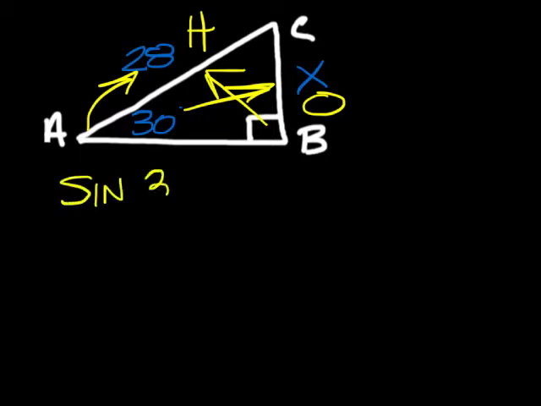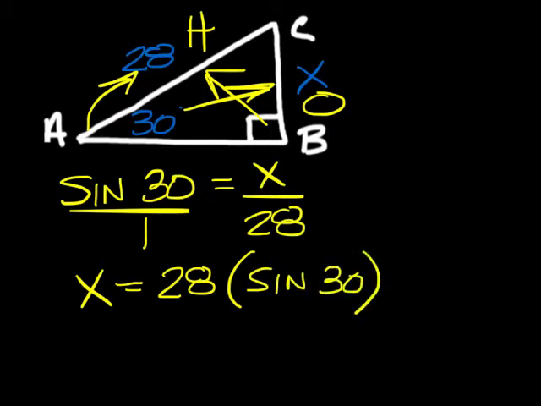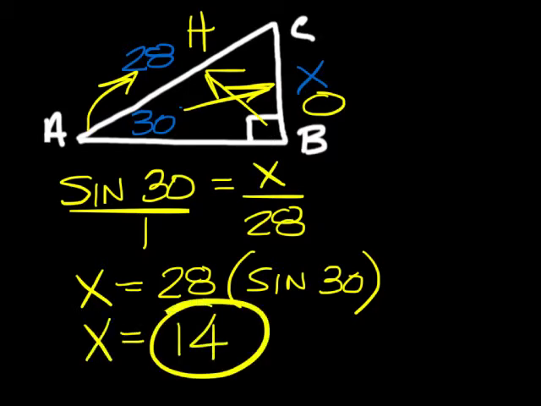Sine, yes. So it would be sine 30 equals opposite x over 28, hypotenuse. If you cross multiply, you get x equals 28 times sine 30. Sine 30 first in the calculator and get it as 0.5, and then multiply it by 28 to get 14.